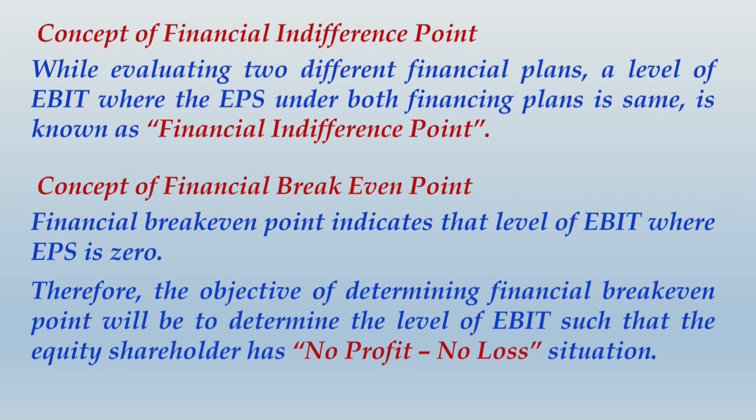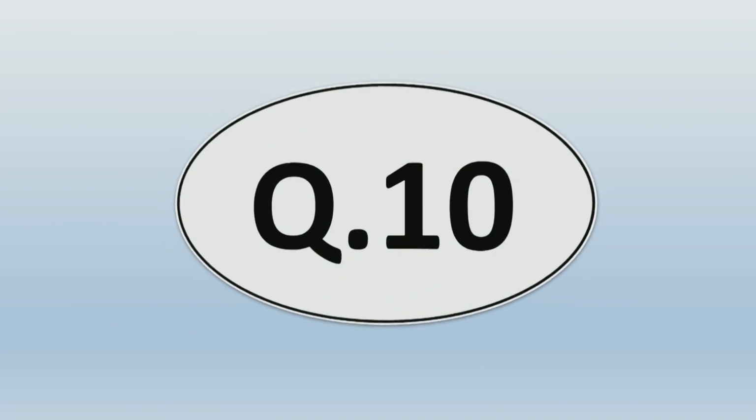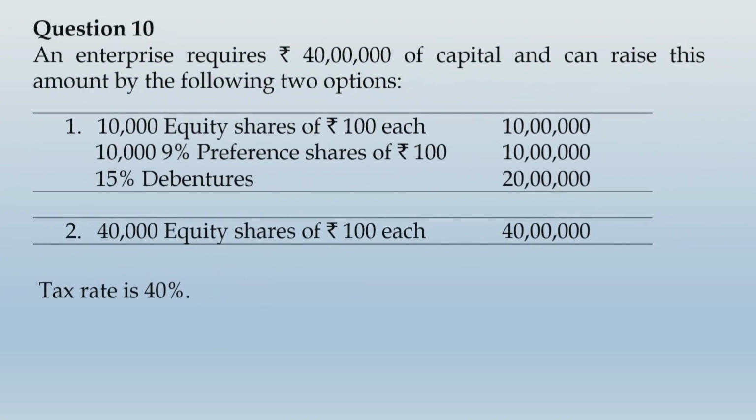Time for us to move ahead and now take up a very important question, that is question number 10. Let me read this question first of all. An enterprise requires rupees 40 lakhs of capital and can raise this amount by following two options.